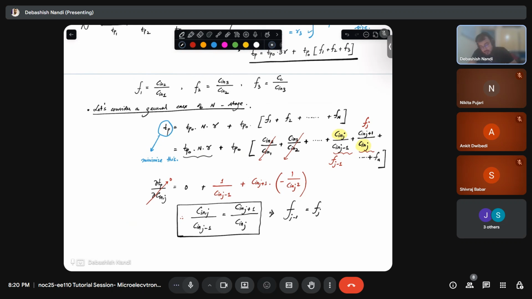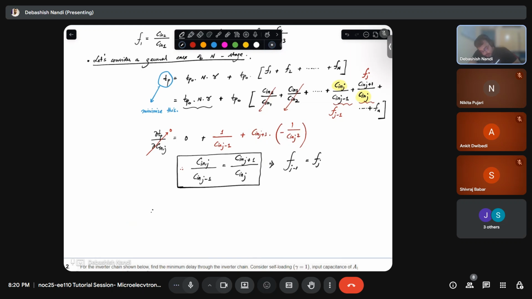Fine. So now CL by C in 1 is equal to C in 2 by C in 1 times C in 3 by C in 2 times up to CL by C in n, because I have n terms.